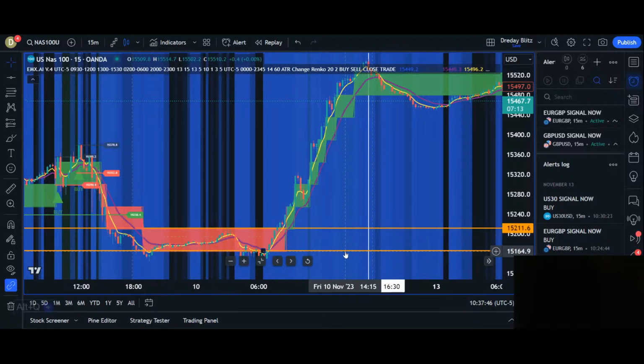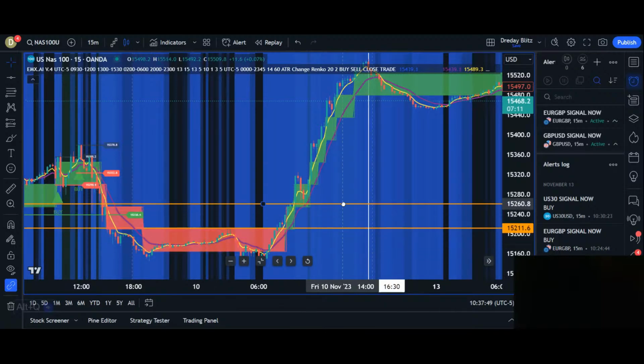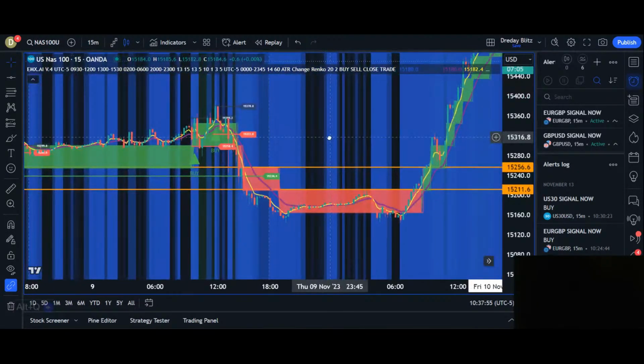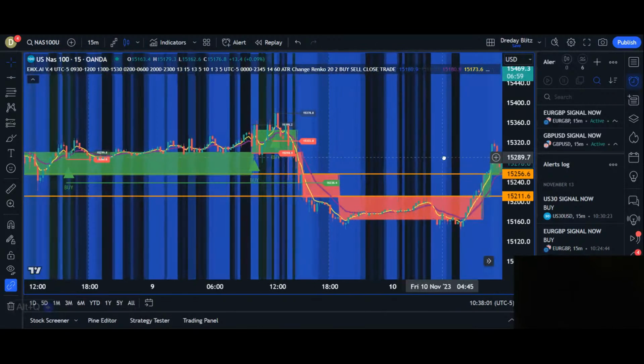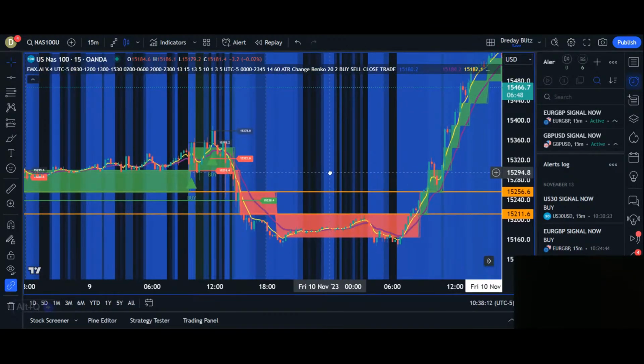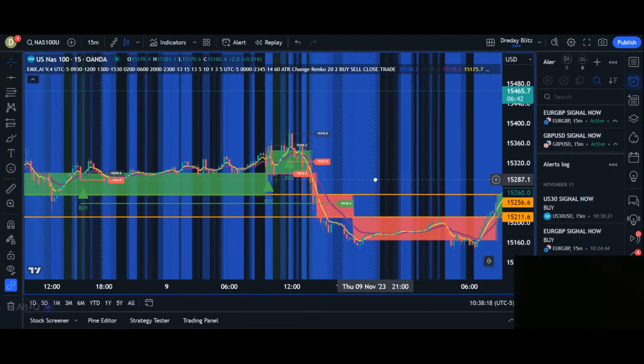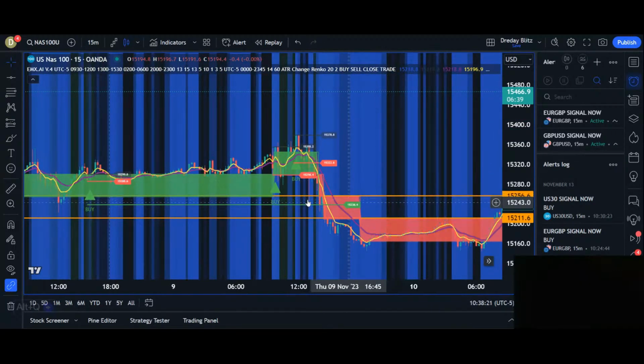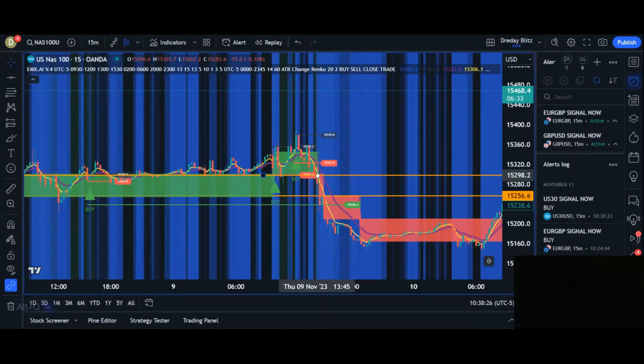So if we plot our line from here to here, isn't it the same range as this one? Right. So you know that if it's going up, the next range will be, if we look on the left side, the last time the Renko were bearish, the range went from here to here, right?